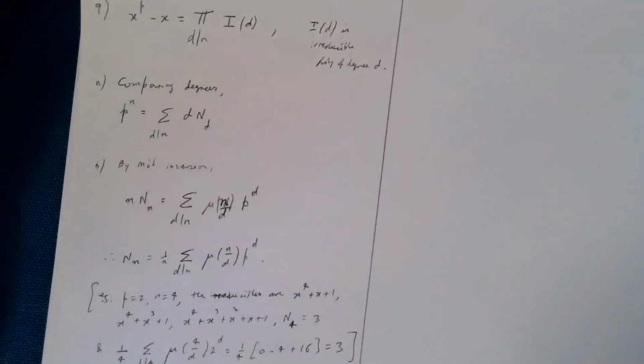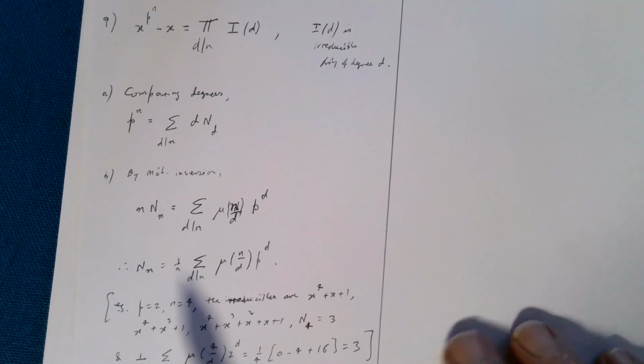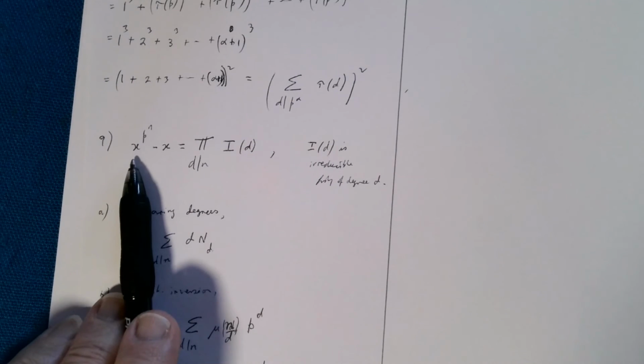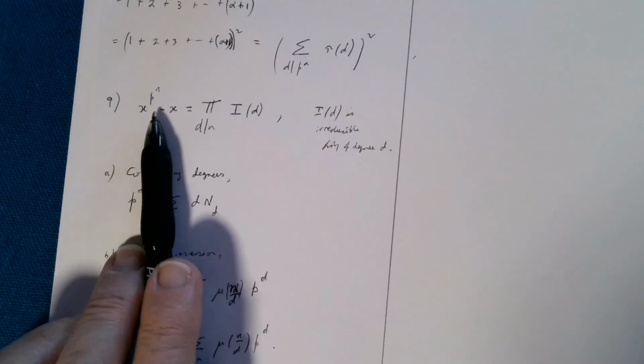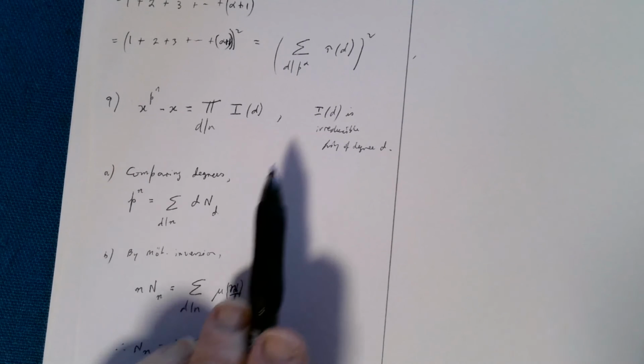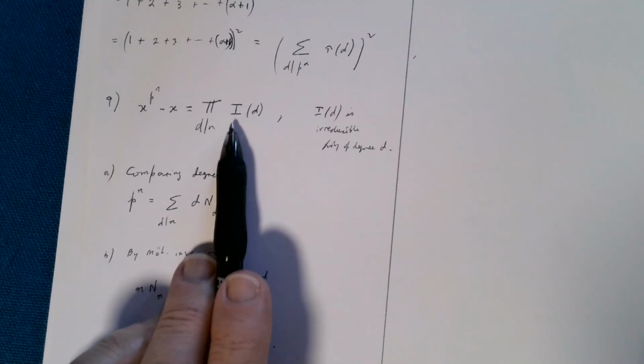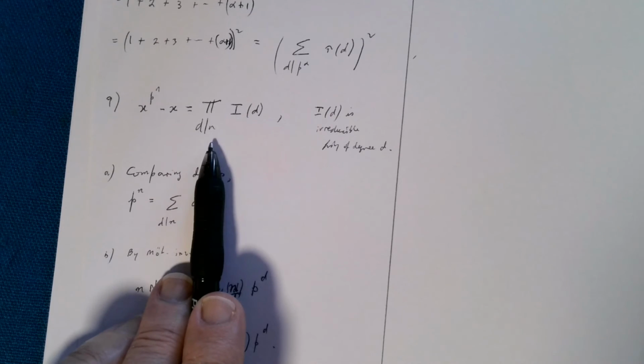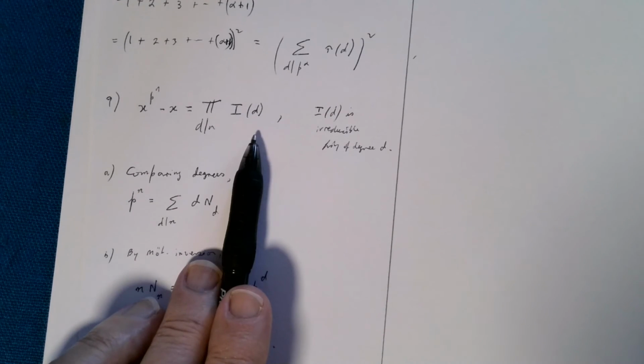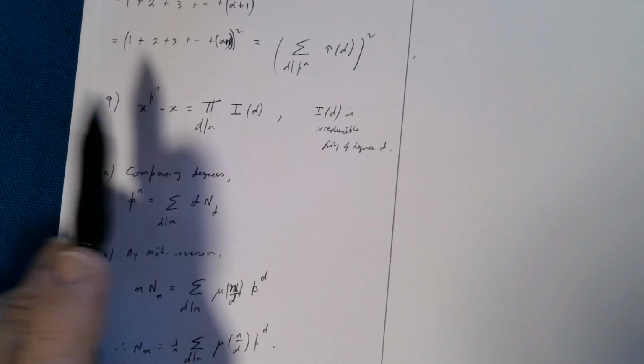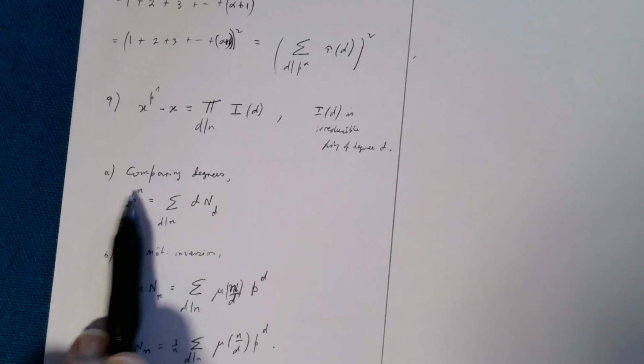So once we've got Mobius inversion, this is very nice. What we're given here is that x to the p to the n minus x is the product of all of the irreducibles for each divisor of n. So I'm just going to compare the degrees on both sides. The degree of this polynomial is p to the n.